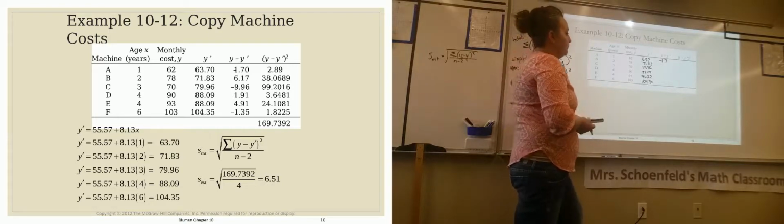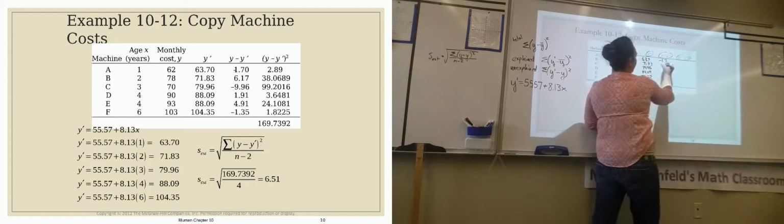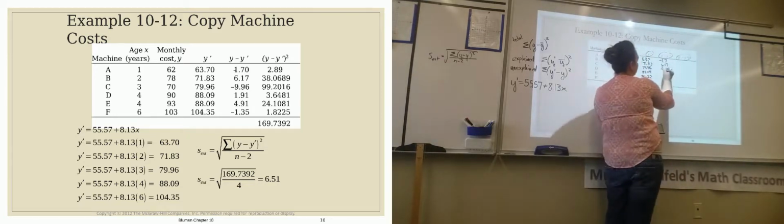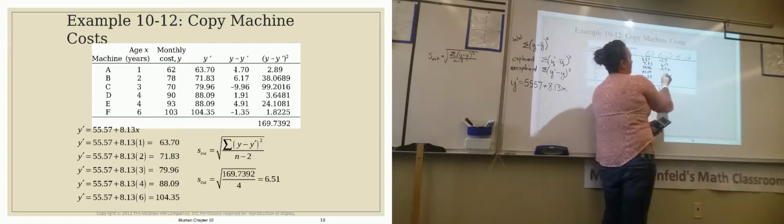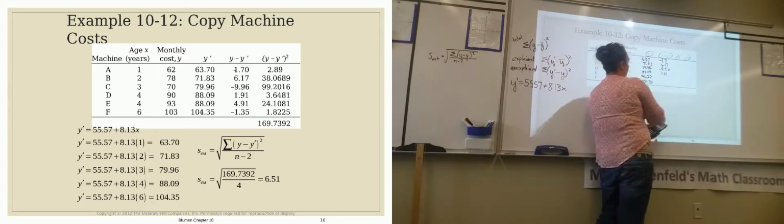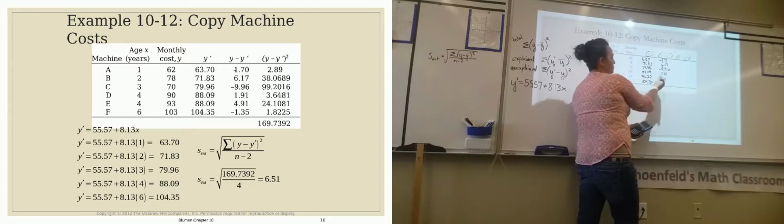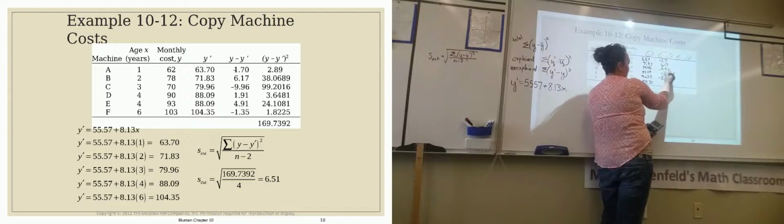Yep. So just title your columns so that you remember what to do. Okay, next one, negative 9.96. 90 minus 88.09 is 1.81. 93 minus 96, negative 3.22. 103 minus 104, negative 1.35. Oh, that's a 9-1, not an 8-1.